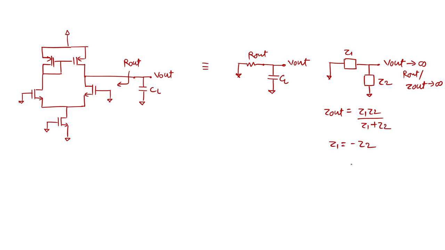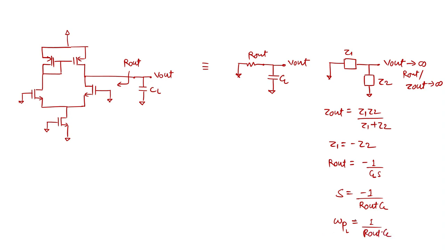This thing we have seen already many times. So it simply means Z1 is R out. What is Z2? It is nothing but 1 upon CL S. So overall S equals minus 1 upon R out CL. So the pole frequency that I am getting from this load is 1 upon R out CL.